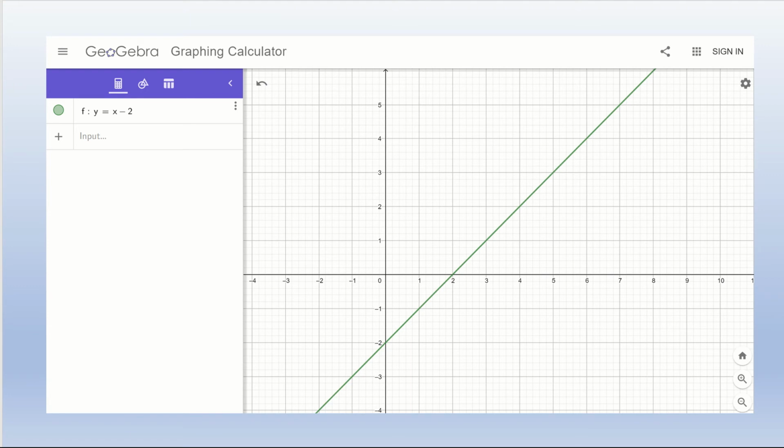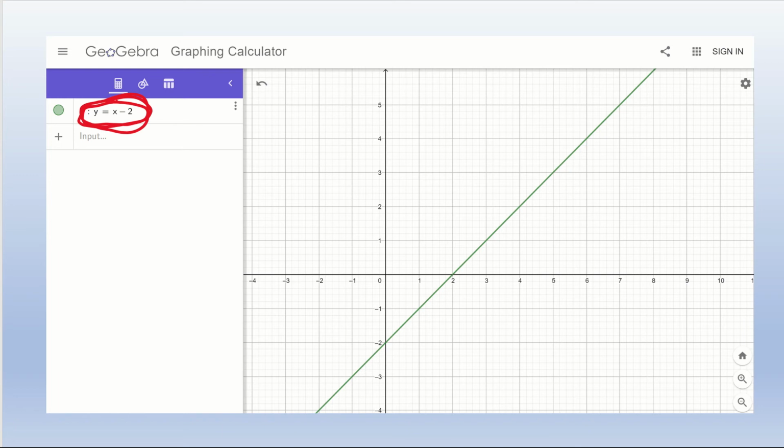It will graph any of your questions for you, so it's great for checking homework or getting to an answer, or just messing around with graphs, really just seeing how they interact with each other, and when you change certain numbers, how they move.